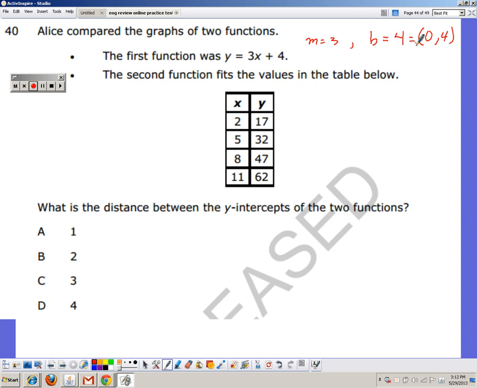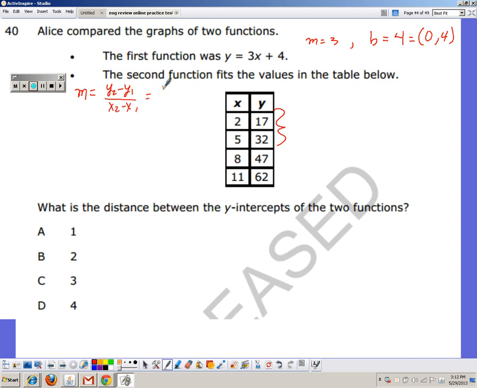One way is to graph this out and find where it crosses the y-axis. As you can see here, there's some pretty large numbers, we'll be graphing all day. So the best way to do this is, again, find your slope and then plug in. I'm just going to do my slope formula: y2 minus y1 over x2 minus x1.